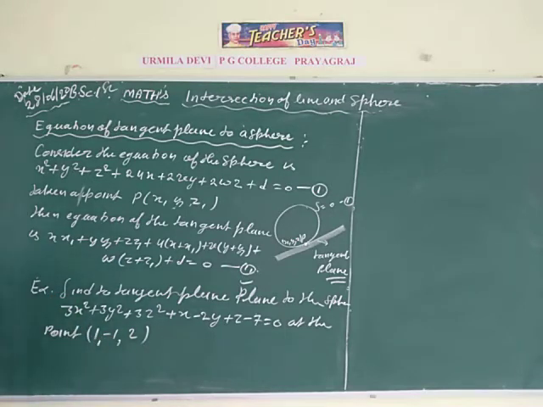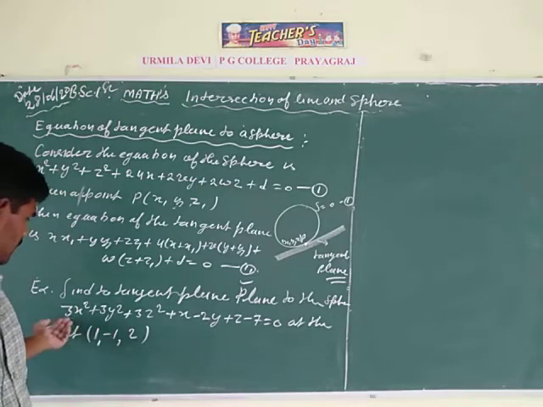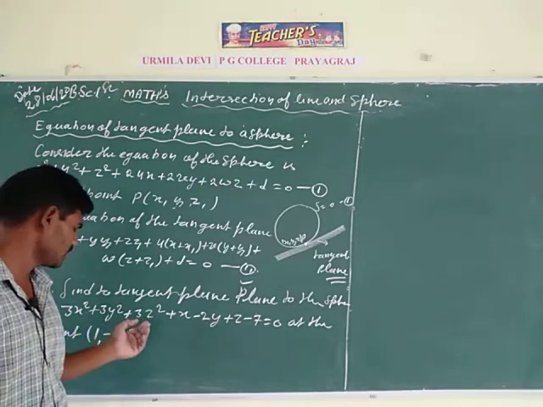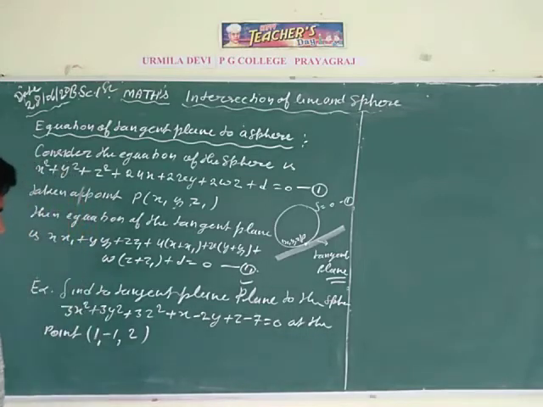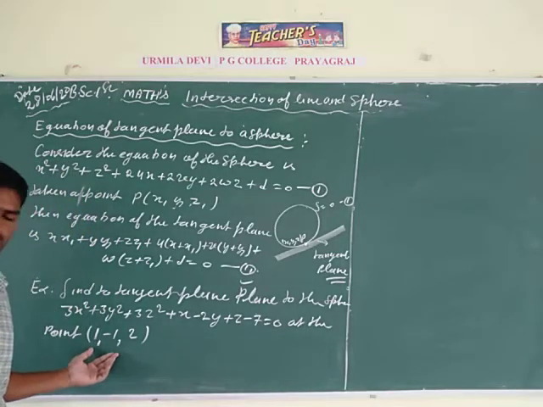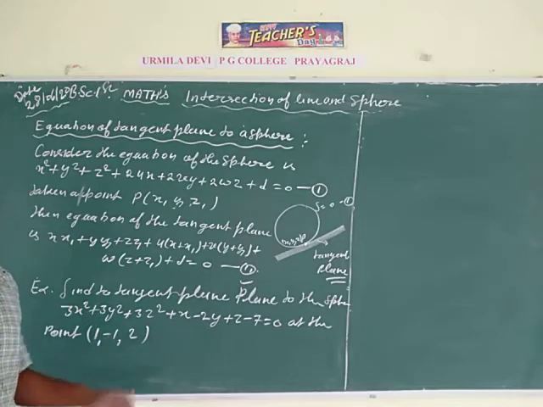So in this question, find the equation of the tangent plane to the sphere 3x² + 3y² + 3z² + x - 2y + z - 7 = 0 at the contact point (1, -1, 2).